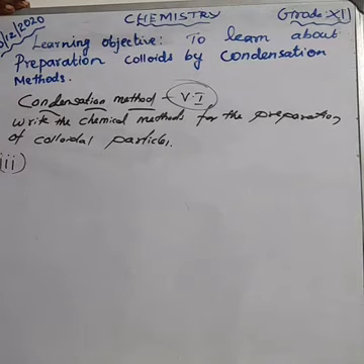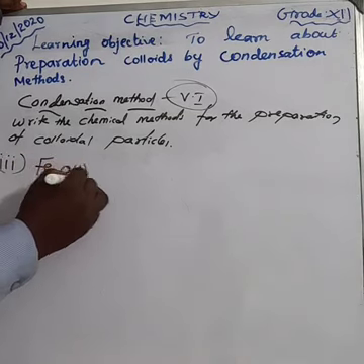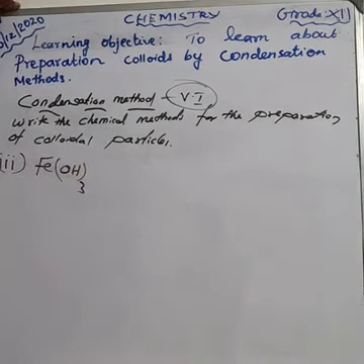Chromium and also aluminium can be produced by this method. Here we are taking ferric hydroxide. How can you prepare ferric hydroxide by using the hydrolysis method? We are taking ferric chloride.